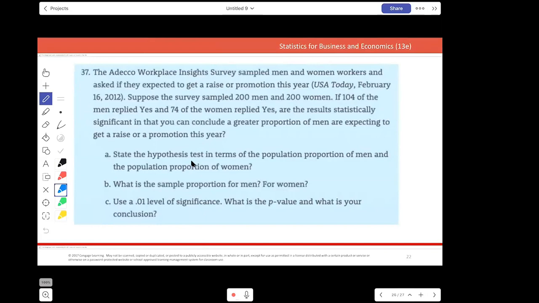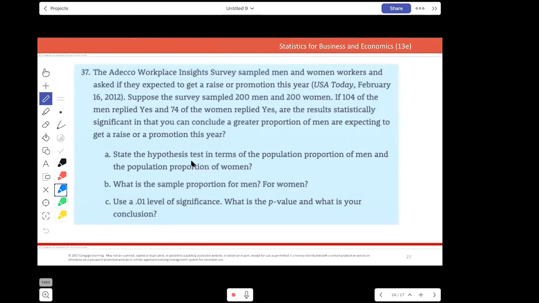Suppose the survey sampled 200 men and 200 women, so the same sample size, so it's balanced. If 104 of the men replied yes and 74 of the women replied yes, are the results statistically significant that you could conclude a greater proportion of men are expecting to get a raise this year?